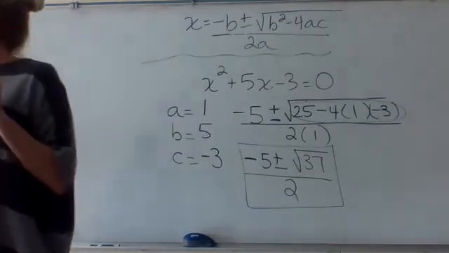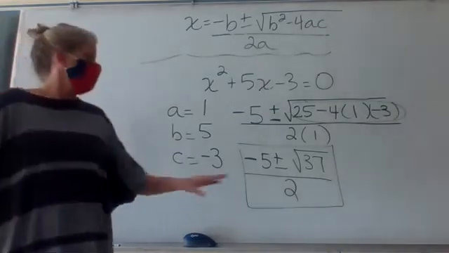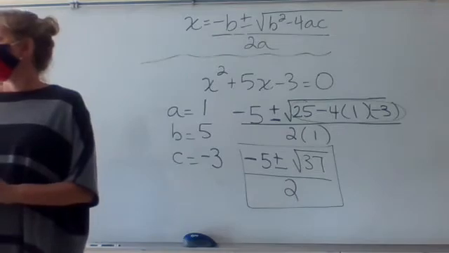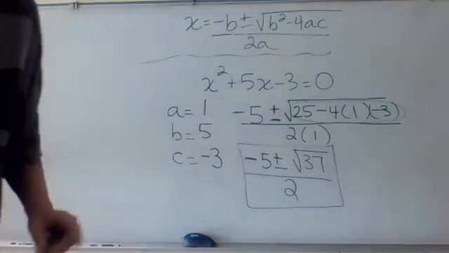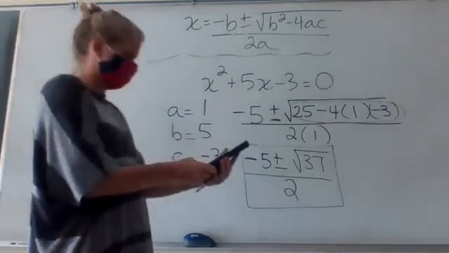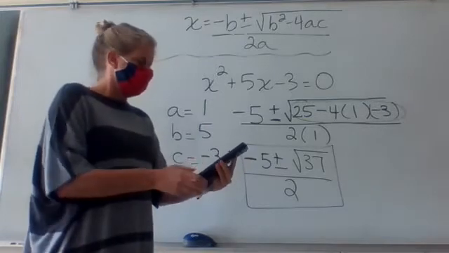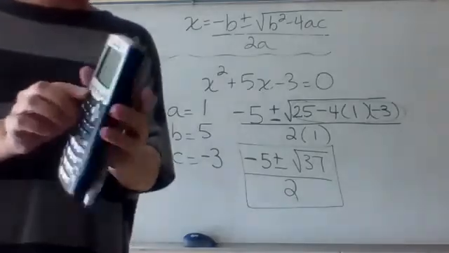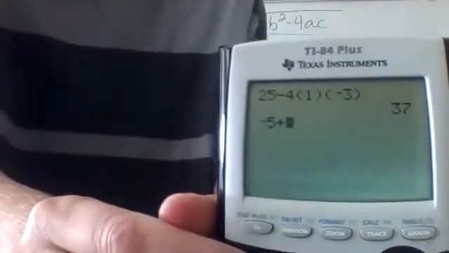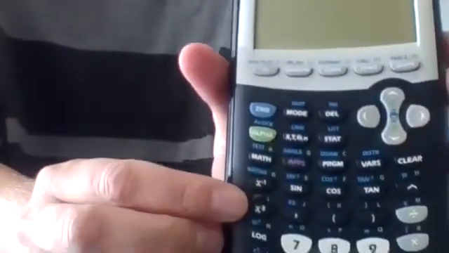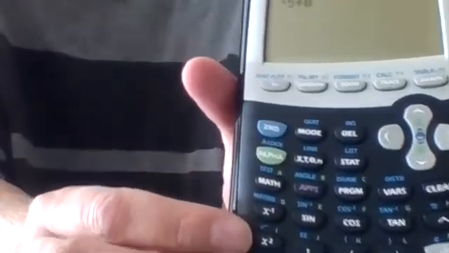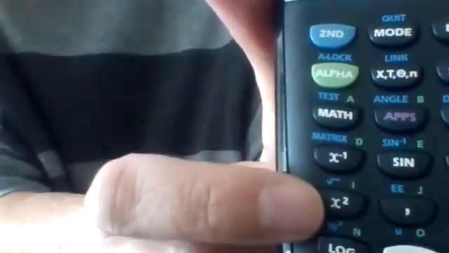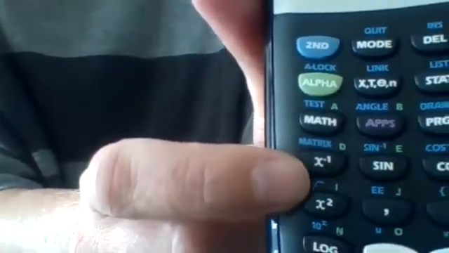Now, how do I get the approximate solutions? You would have to type in your calculator -5 plus, now the way I type in the square root of 37 is you hit your second button and then go down to the x squared button, and you'll notice the blue that's right above the x squared is a square root.